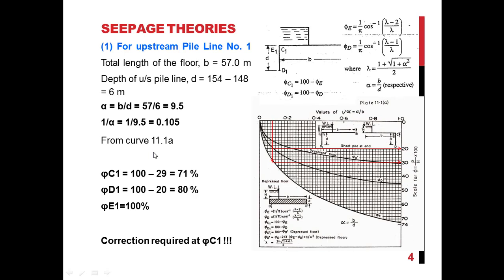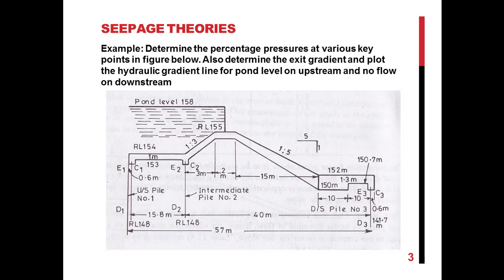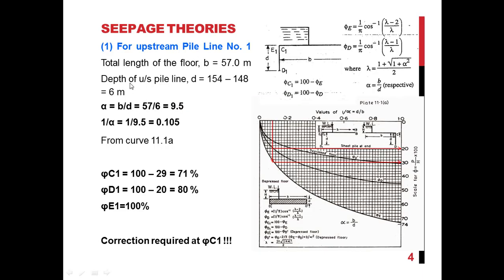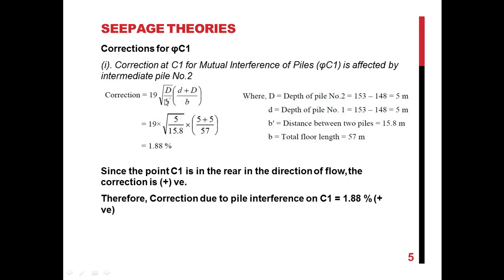In the solution, first of all, we will find the percentage pressure at key points on the upstream pile line number 1. The total length of the floor B is 57 meters, which is already given in the figure. Depth of upstream pile line d is equal to 154 minus 148, which is equal to 6 meters.